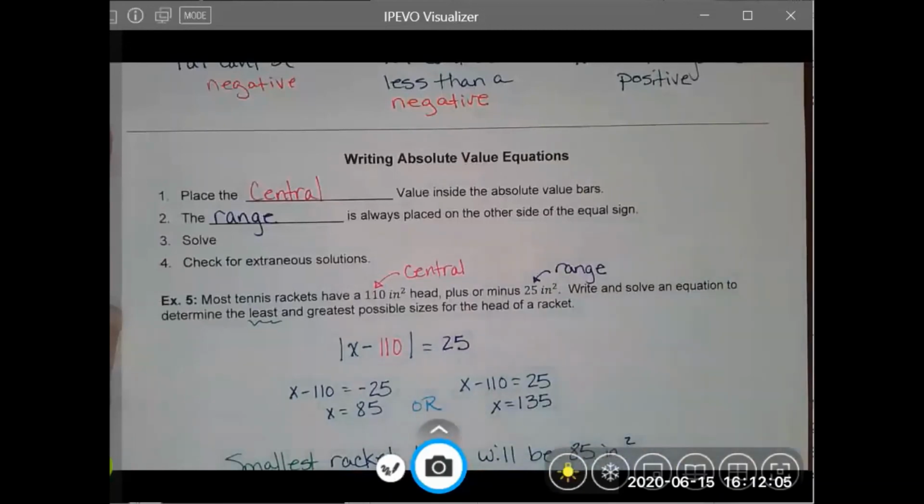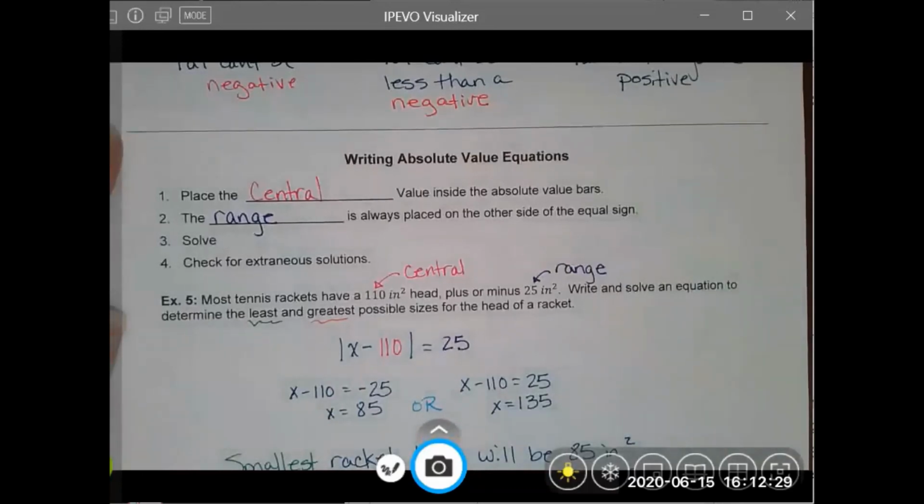The largest, or the greatest racket head, will be, as we discovered, 135 inches squared.